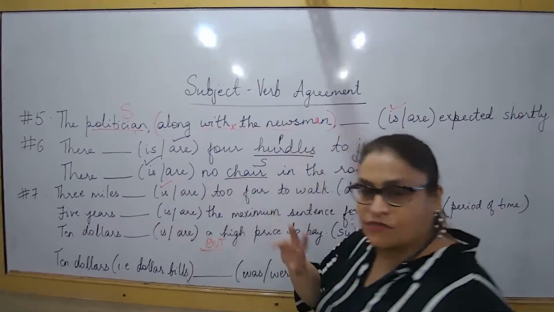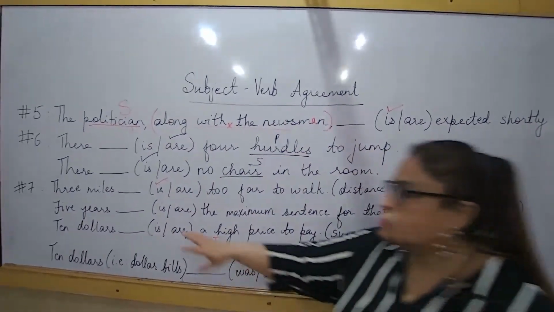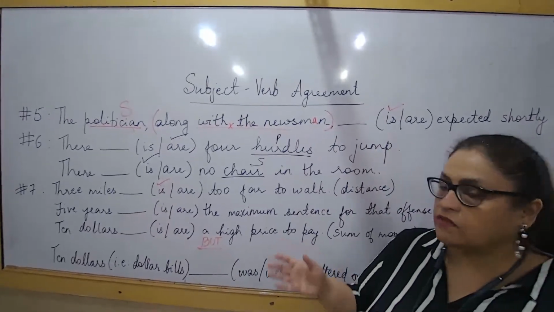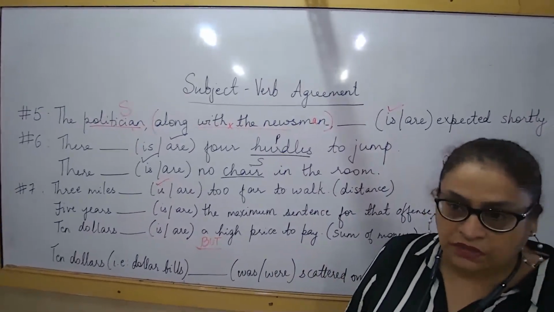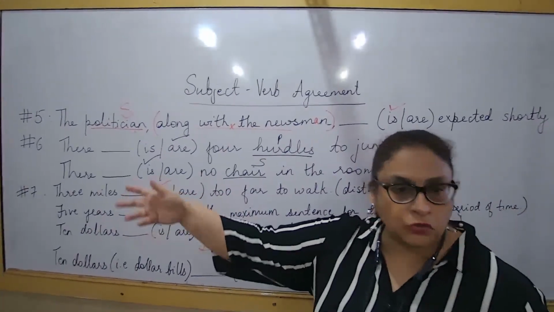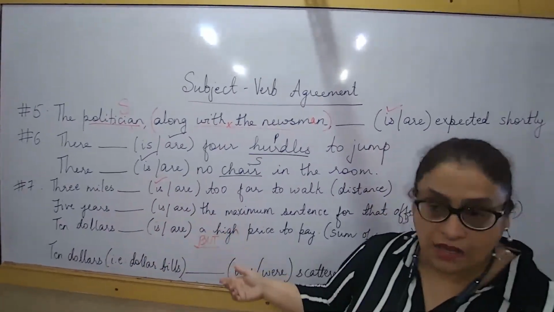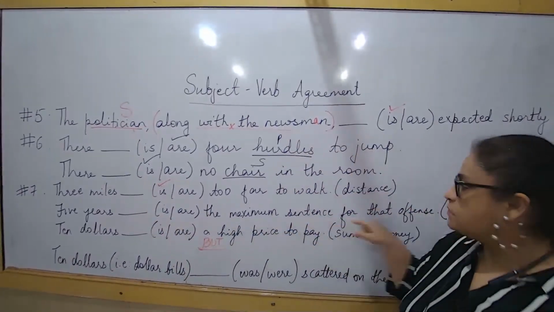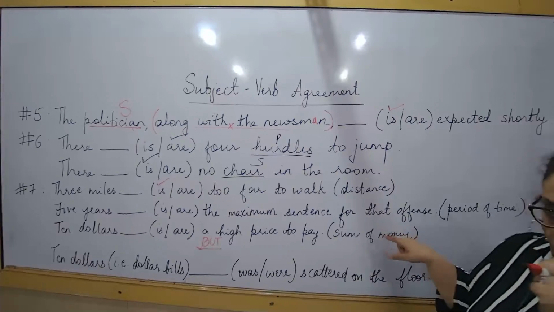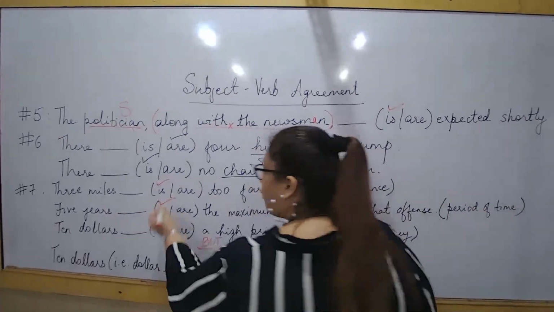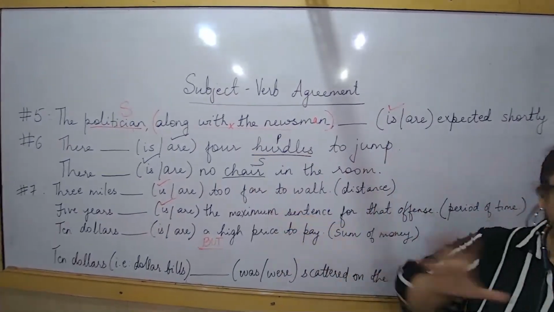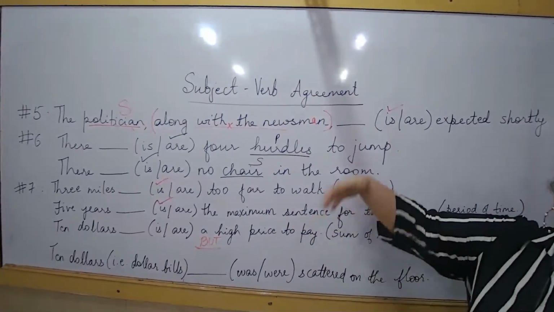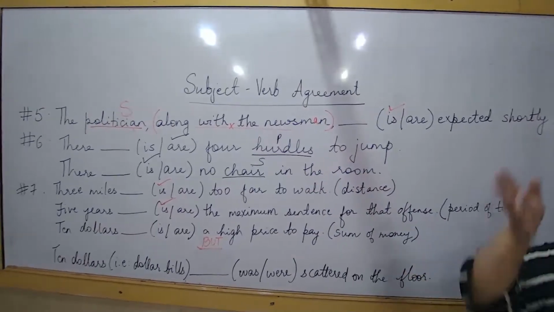It is considered as 1 unit, which means we are considering it as distance. And distance is something which we'll use a singular verb with. This distance is too much. We won't say this distance are. 5 years dash the maximum sentence is. Why? Because we are using it as a unit, as the sentence. We will say the sentence is, we won't say the sentence are.